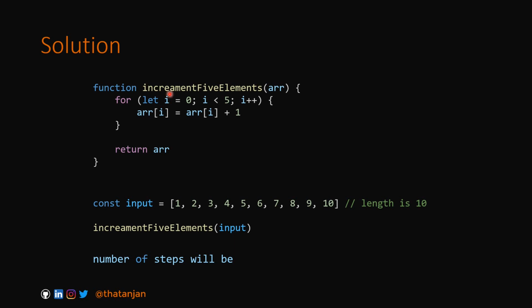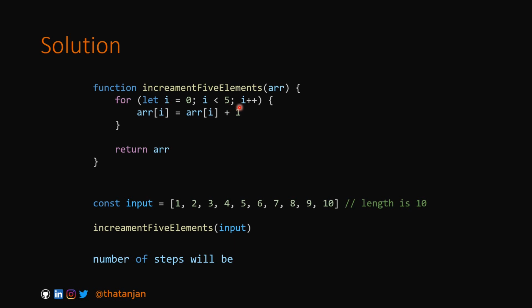This function takes an array of numbers as input, and inside the function there is a traditional loop, and after the loop this function is just returning the array. This is an array of size 10, and I'm calling this function, passing this array as an argument. Let's take a look at what is happening inside this function. This is just a normal loop where i is assigned 0 and will run until it is equal to or greater than 5.